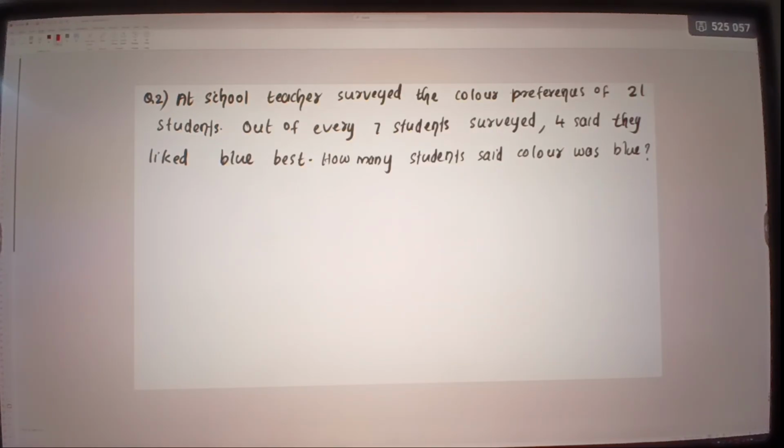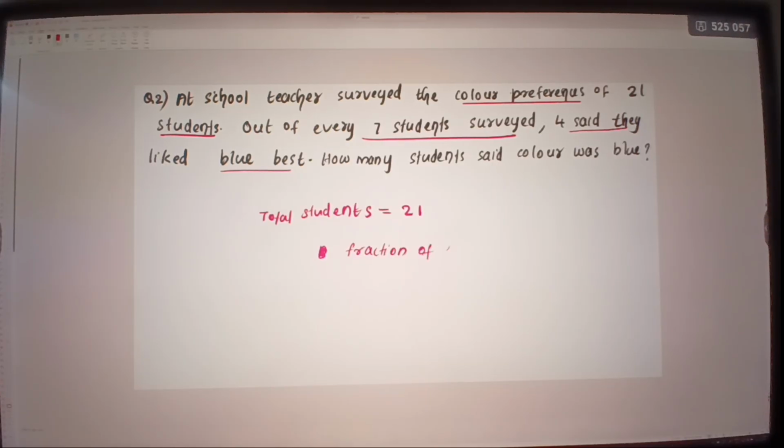So this question also: at school, teachers surveyed color preferences. So 21 students means the total students is 21. Out of every 7 students surveyed, 4 said they like blue best. So that means the fraction of students who like blue.